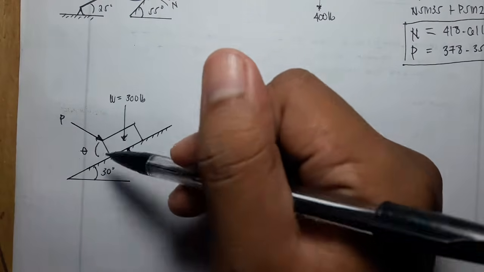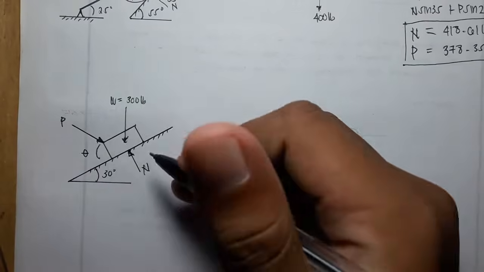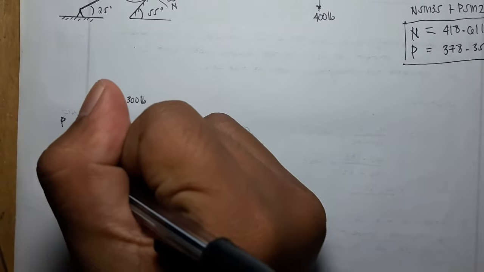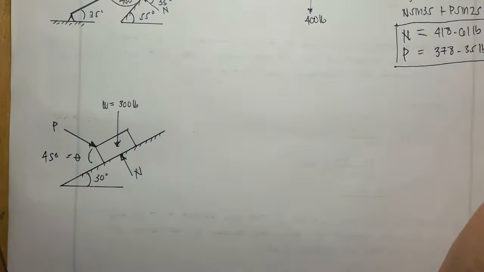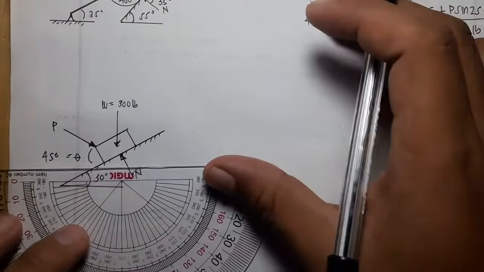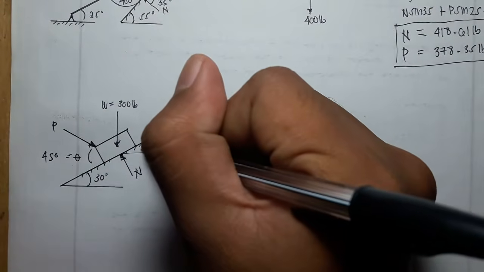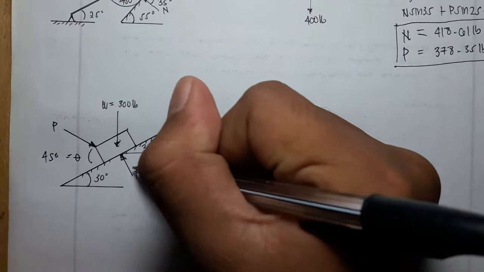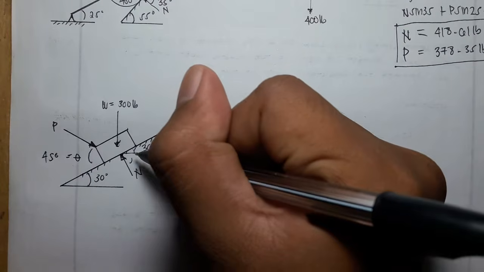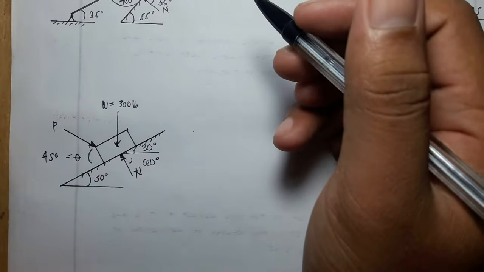So in this kind of problem, theta is just equal to 45 degrees, as given by the book. If we find the angle here of 30 and this N is perpendicular to the plane, then this will be 60 degrees.